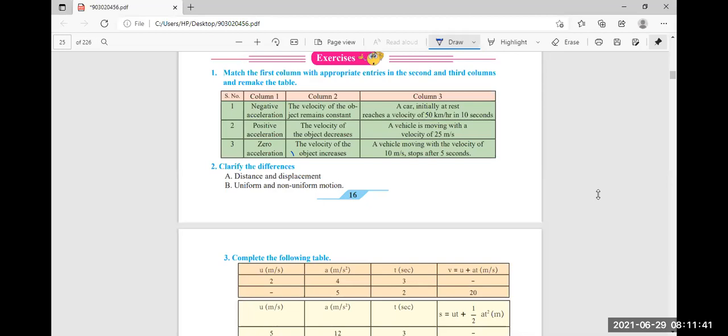A body is said to have uniform motion when it covers equal distances in equal intervals of time. Okay, very nice. Now, Ishita, can you tell me what is meant by non-uniform motion? Yes, sir. If an object moves unequal distances in equal time intervals, then it is said to be in non-uniform motion.